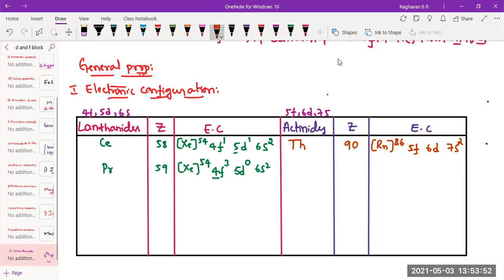Okay. Now this is another exceptional case, thorium. It has remaining 2 electrons: radon 86, 7s2, and 2 electrons in 6d, and 5f is 0.